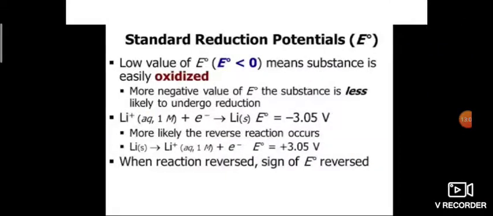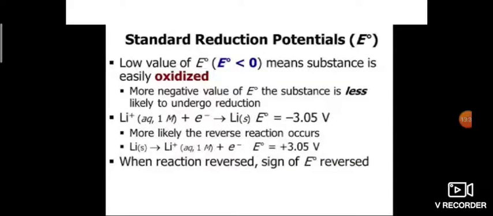The standard reduction potential shows that a low value of standard potential means the substance is easily oxidized. So a negative E means that the redox couple is a stronger reducing agent than H+.